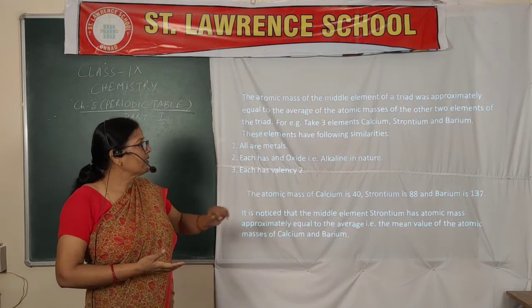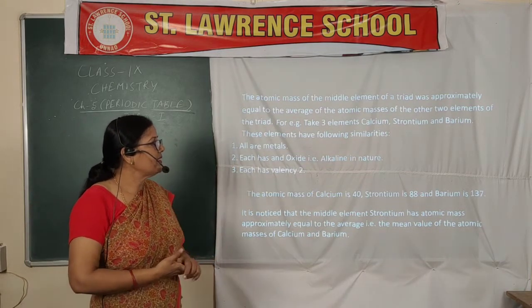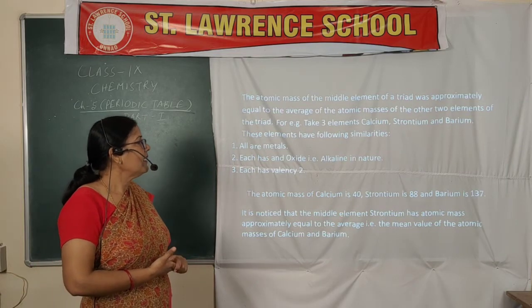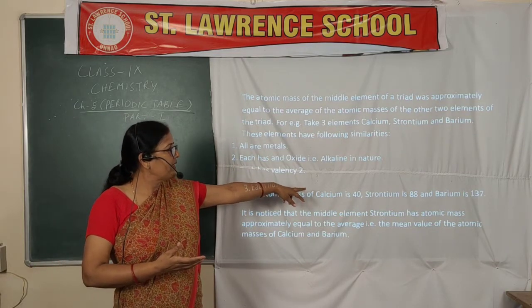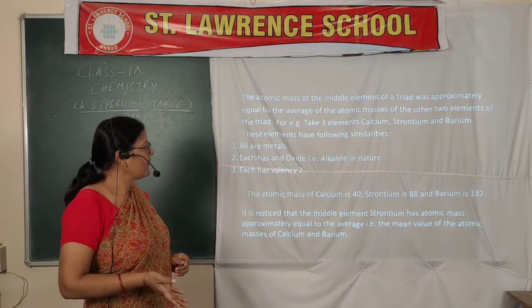Then the atomic mass of calcium is 40, strontium is 88 and barium is 137, and he grouped the first element calcium and the third element barium and took the average.